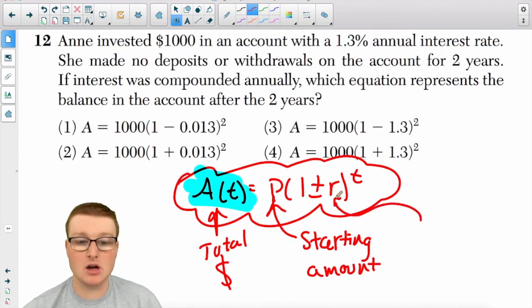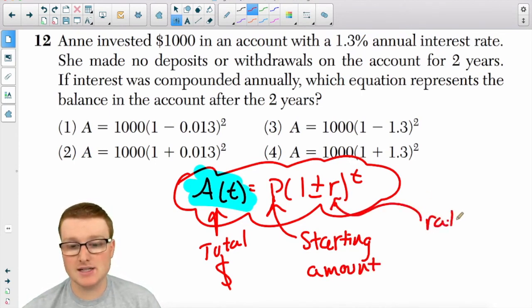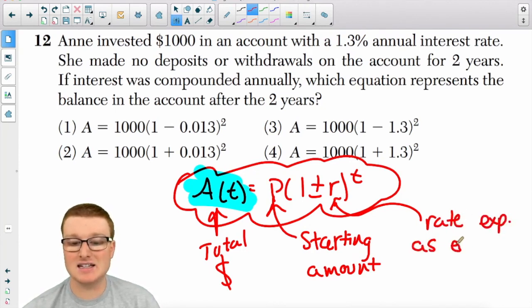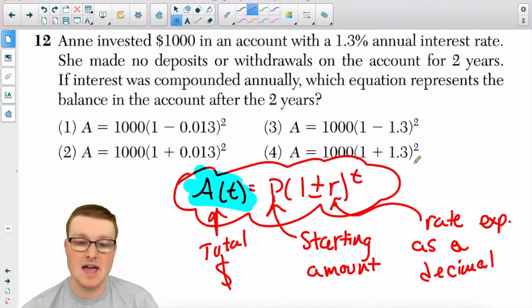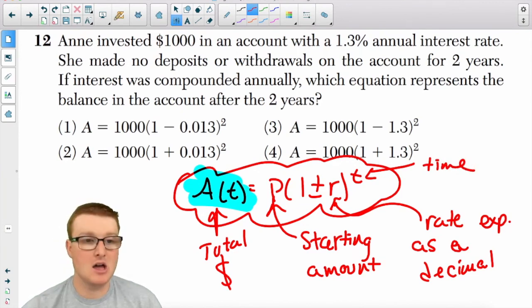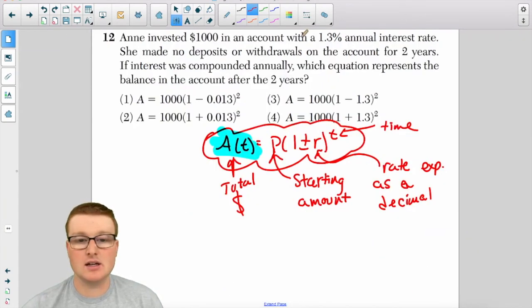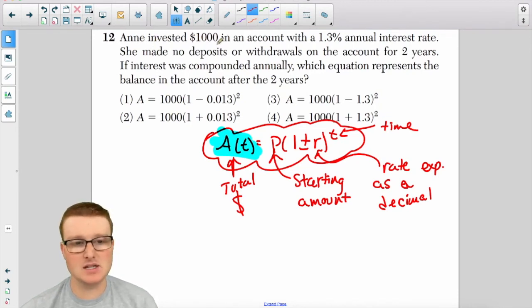The rate, or the R, is the rate expressed as a decimal. You can't put it as a percent. You have to put it as a decimal. And T represents the amount of time that's passing by. So if you look at all of this information, Anne invested $1,000 in an account. So your P is your 1,000.